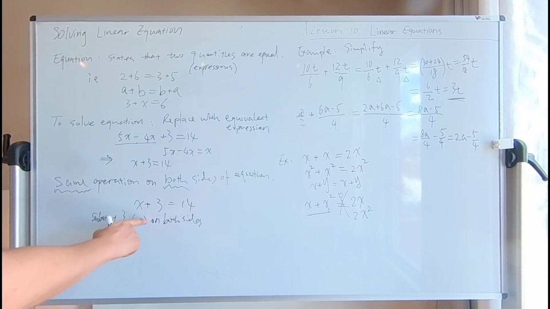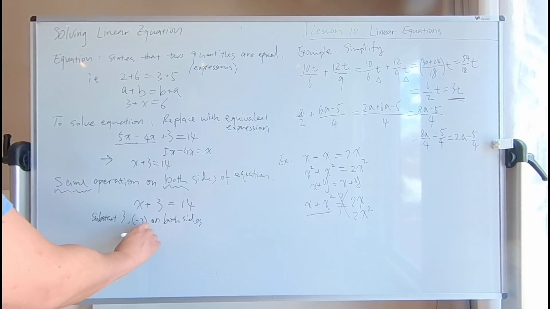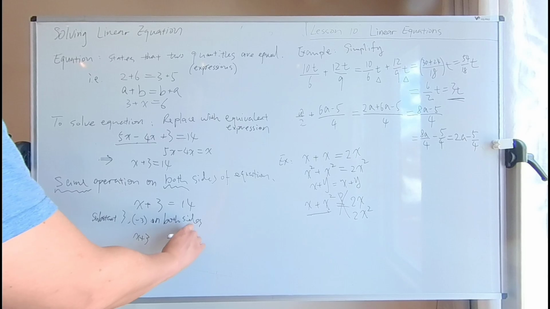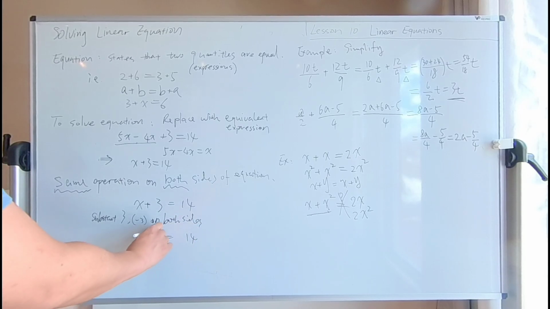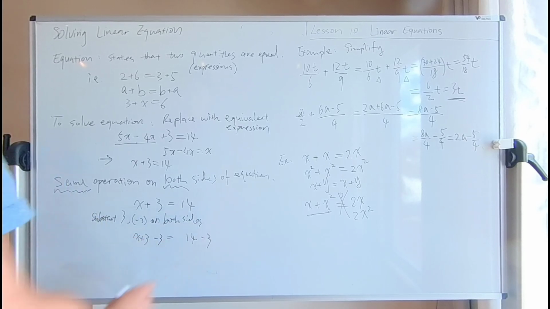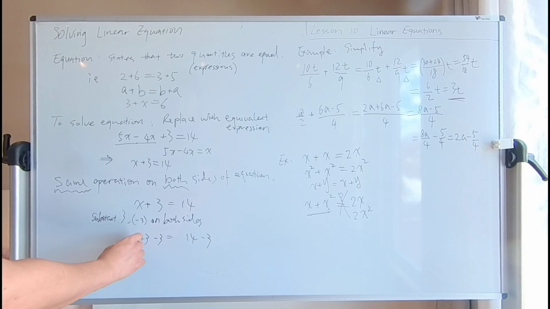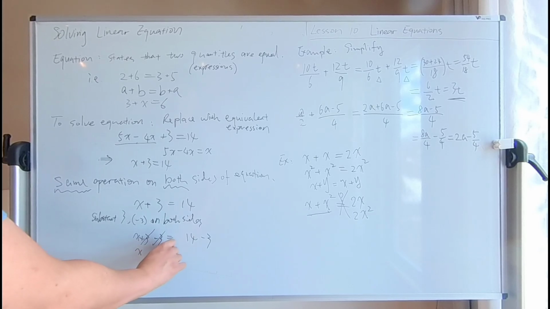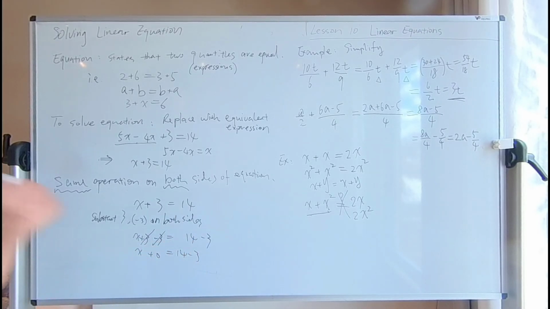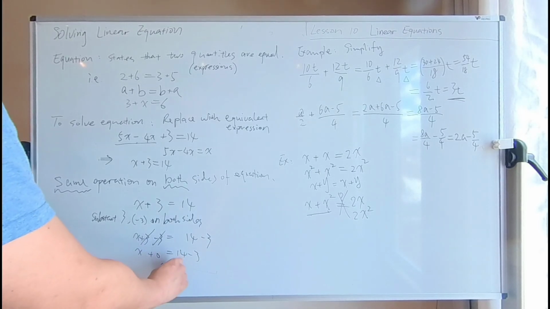So on the left hand side I have x plus 3 equals 14, and then I subtract 3 on both sides, so that 3 minus 3 gives you 0. So x plus 0 equals 14 minus 3, and plus 0 is nothing, so x equals 14 minus 3, which is 11.